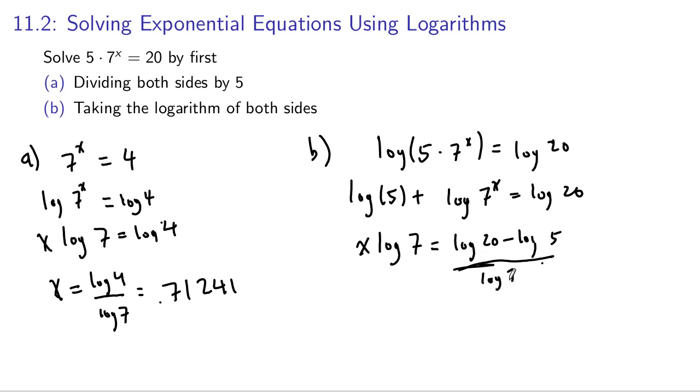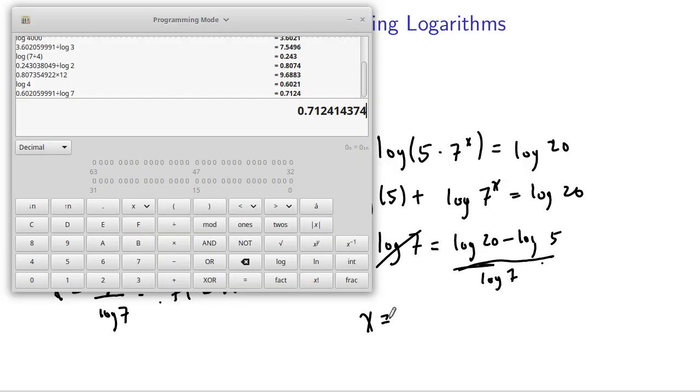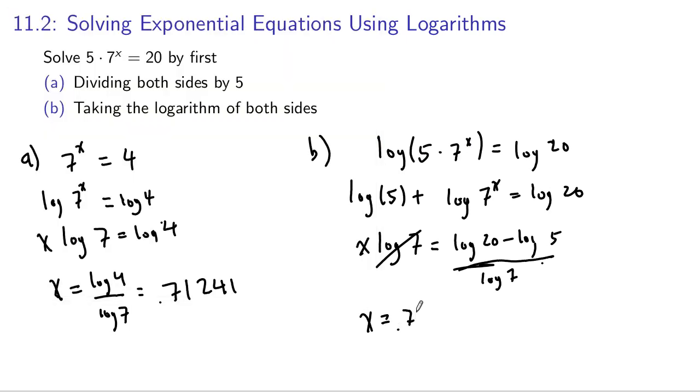Log 7 over log 7 is 1, so x would be log of 20 minus log of 5 divided by log of 7. And that gives us 0.71241. Sure enough, same answer, even though these look different.